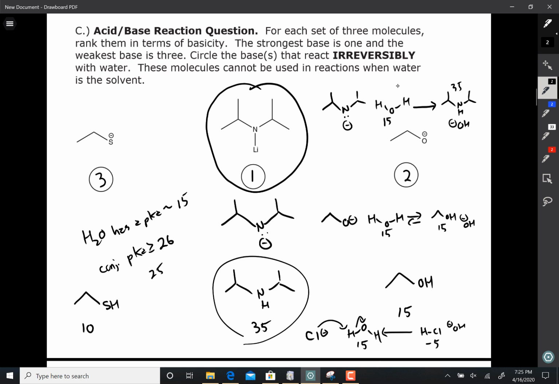This chloride does not react with water, because the arrow isn't going away from it. Here, this alkoxide reacts with water, but does so reversibly. Here, this amide reacts with water and does so irreversibly. So that's what I mean by this.